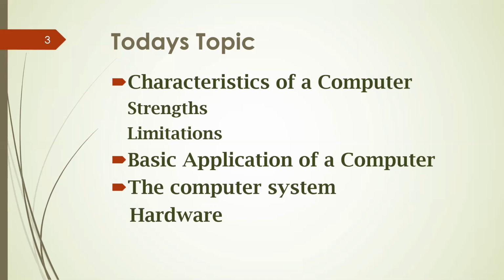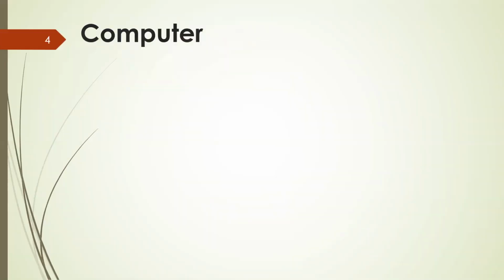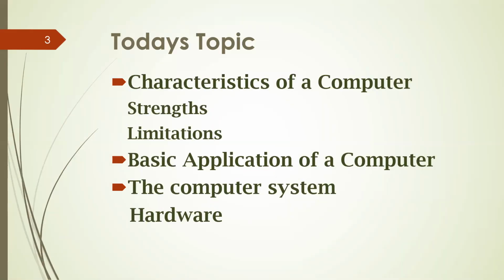Under computer system, we will have hardware, and within hardware many subtopics are there, which we will discuss later. But today's main topic, we are going to discuss characteristics of a computer, strengths, limitations, basic applications of a computer, and a few things from the computer system only.